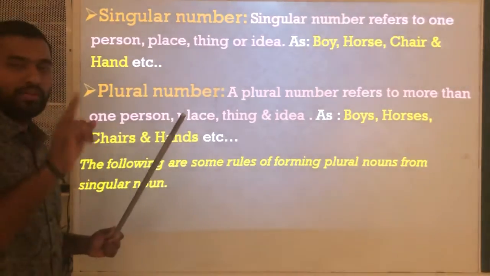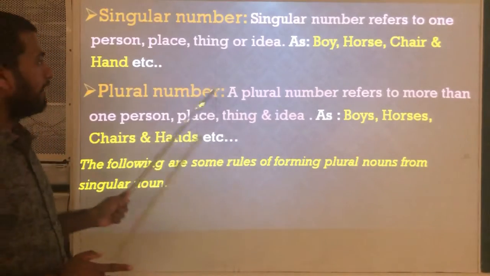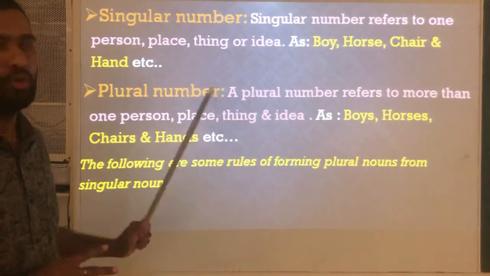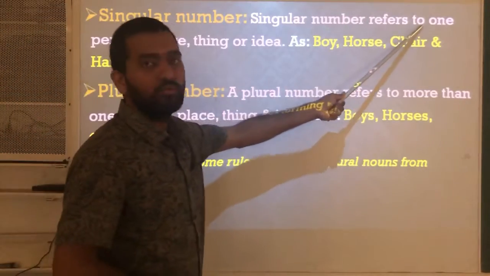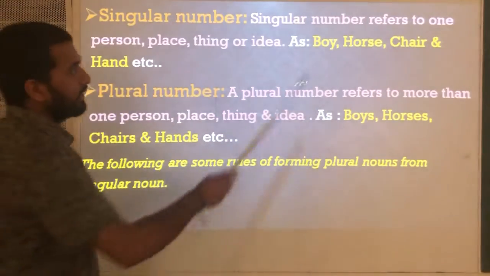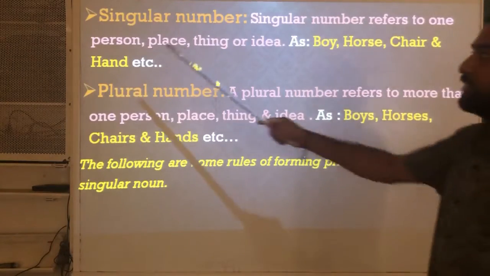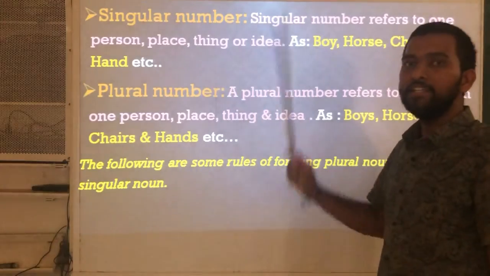Already I told you, when there is one thing, then we will take it as singular. And when there are more than one, then we consider it as plural. Okay? See, singular number refers to one. Remember here, singular means only one, whether it is person, place, thing or any idea.